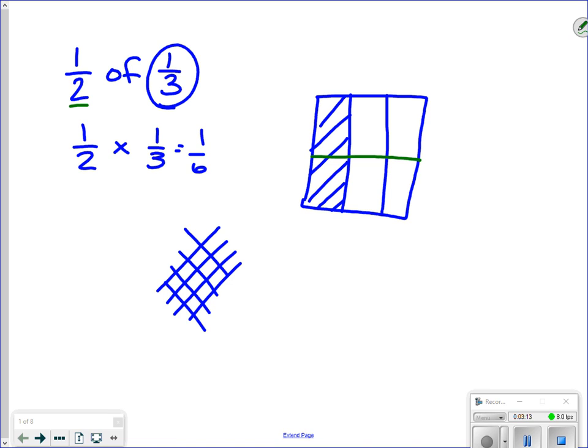You see what I'm doing? So I'm going to take 1/2 and I'm going to shade 1/2 of my 1/3. So I shaded 1/3 going this way, 1/2 going this way.